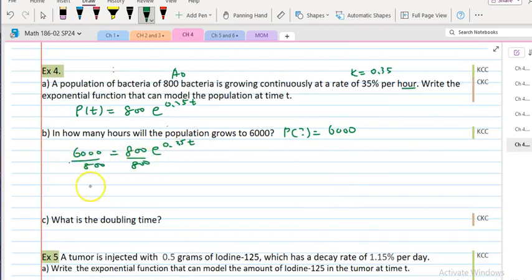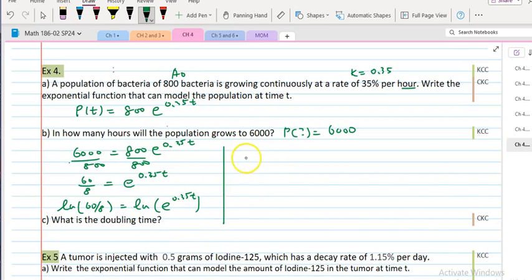Solve it as before. Divide by 800. 60 over 8 equals e to the 0.35t, and you know what to do: ln on both sides. ln of 60 over 8 equals ln e to the 0.35t. And the 0.35t moves to the front.